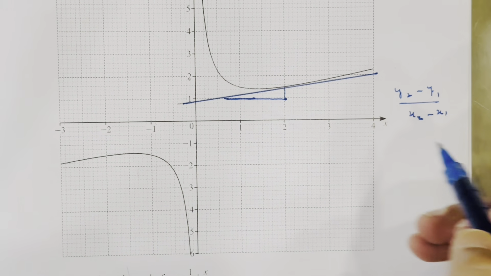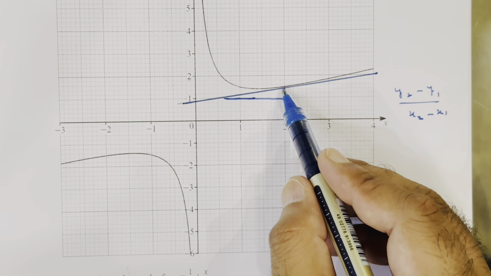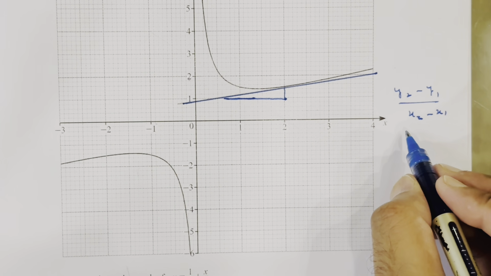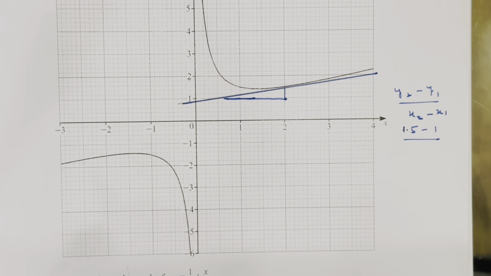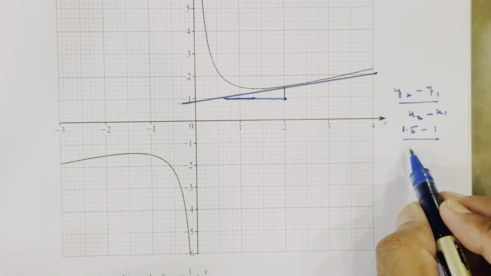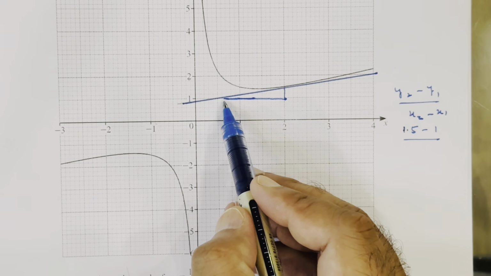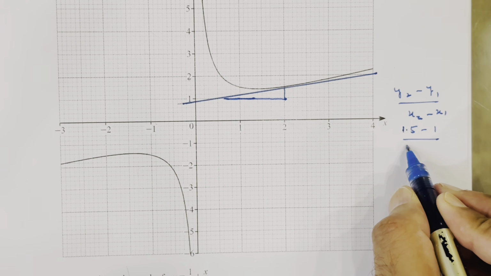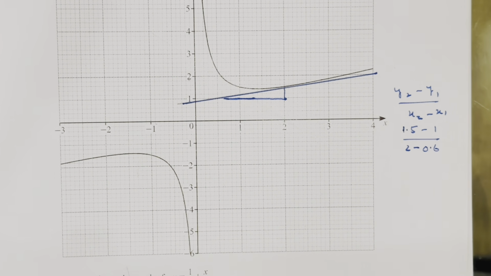So there are the two boxes, so you can say y2 minus y1 is 1.5 minus 1, and for x2 minus x1 you can say it is 2, over here is 0.5 and over here is 0.6, so you can say 2 minus 0.6.